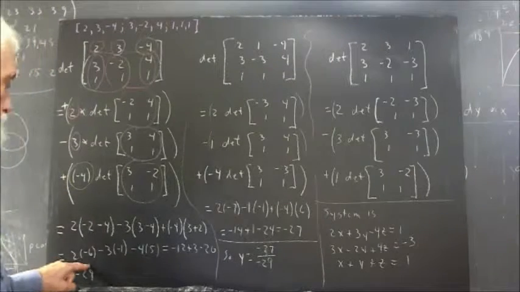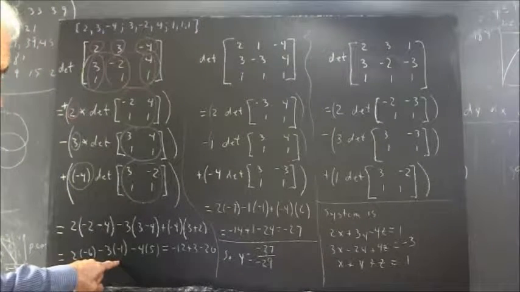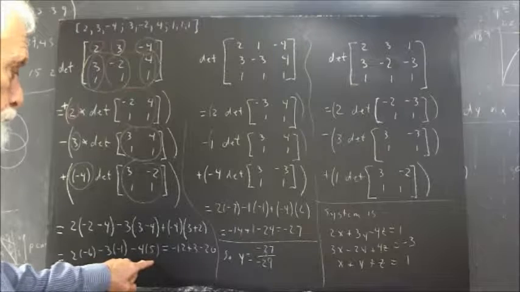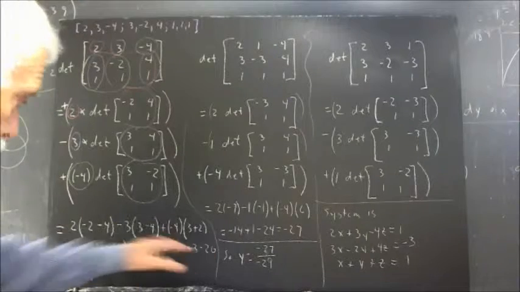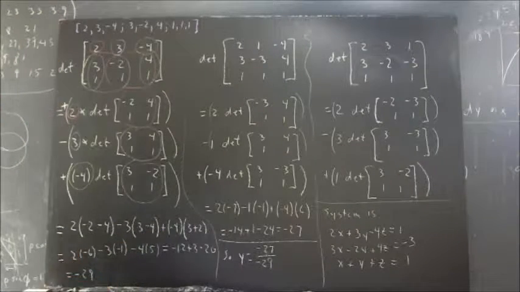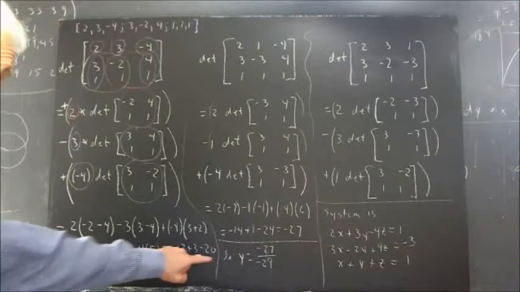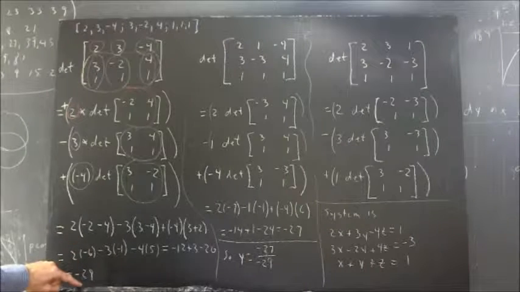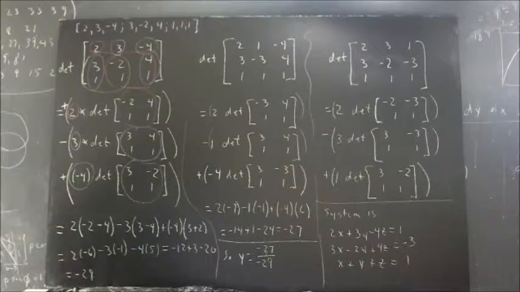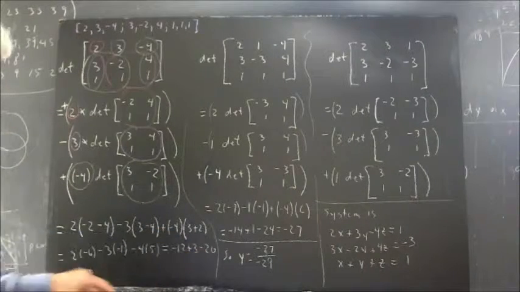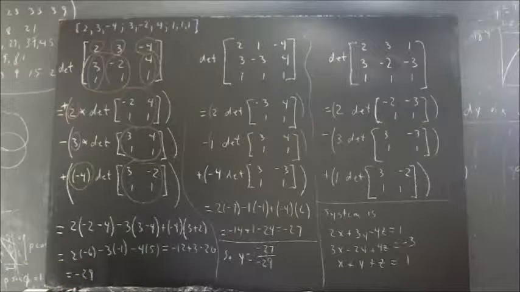So we have 2 times minus 6, minus 3 times negative 1, minus 4 times 5. Just doing the arithmetic here. And that adds up to negative 12 plus 3 minus 20, which is negative 32 plus 3 is negative 29.